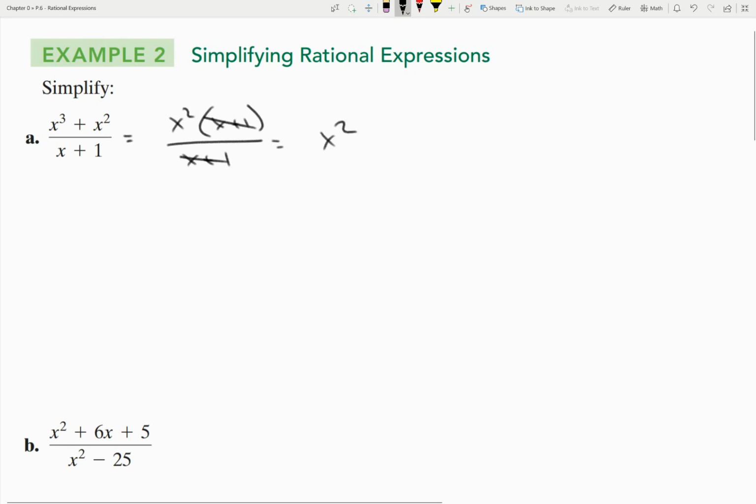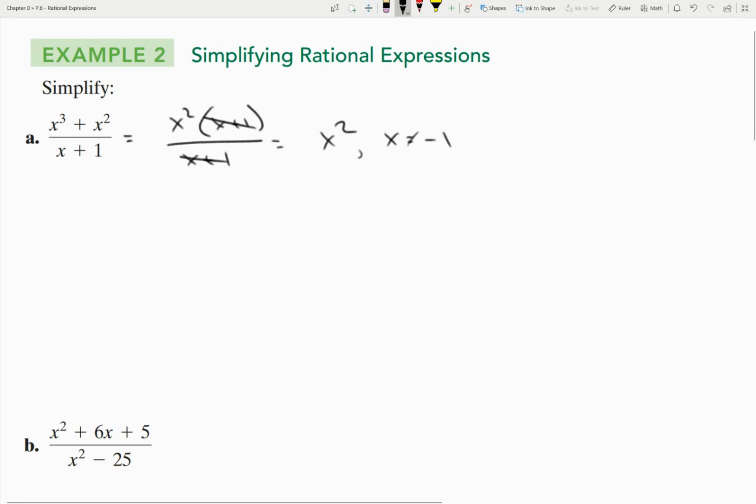However, just looking at the answer of x squared doesn't tell the whole story of this rational expression. You should also tell the reader any excluded values. So we're going to say that this function is x squared, but x is not equal to negative 1.